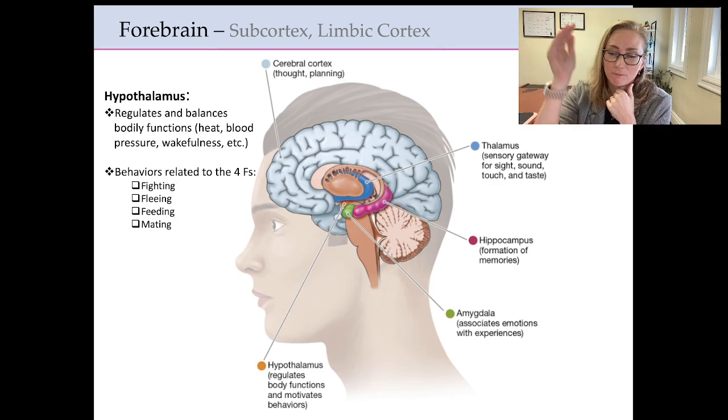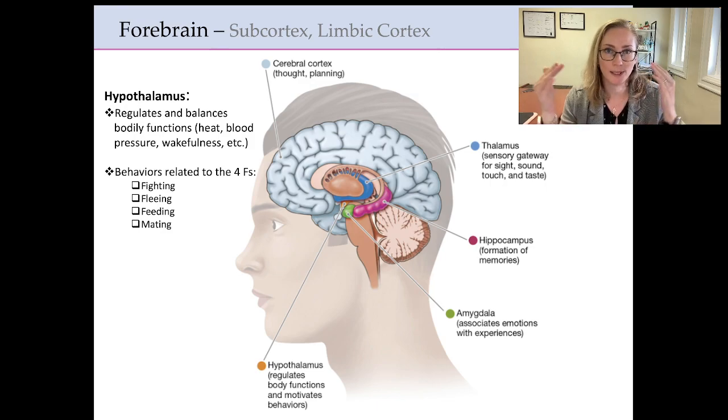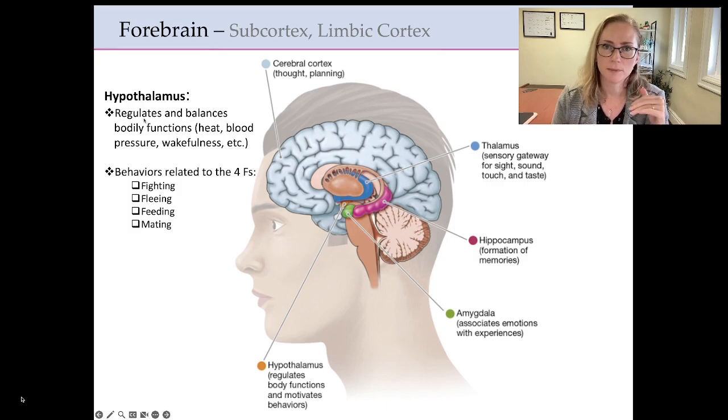Okay. There's an area underneath the thalamus that is aptly called hypothalamus, hypo being under, right? So it literally means under the thalamus. So over here, hypothalamus, main function is body regulation, right? So think blood pressure, body temperature, to some degree wakefulness.